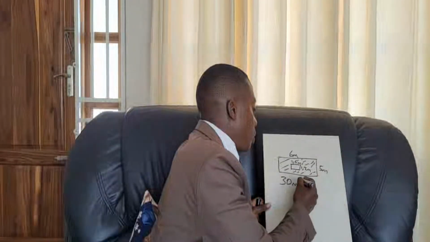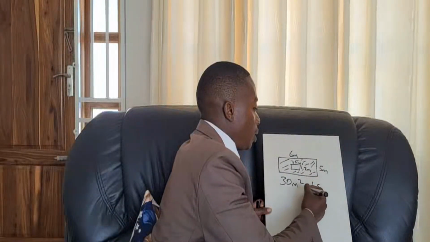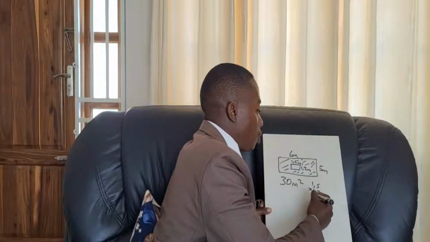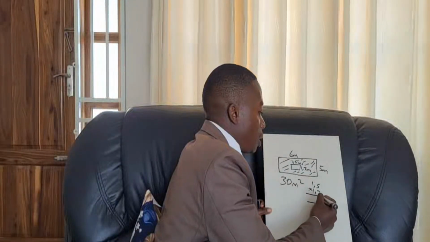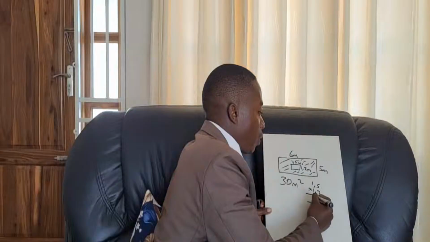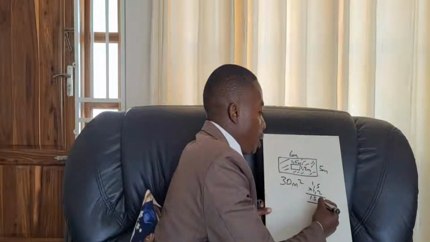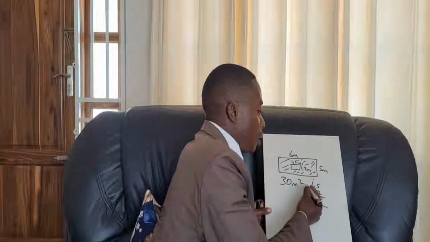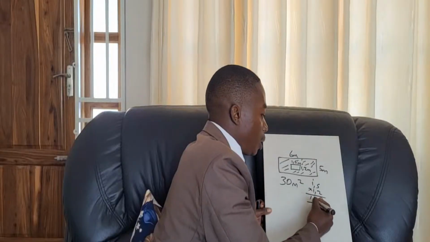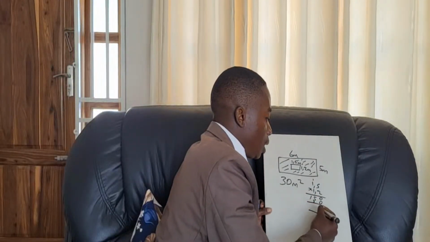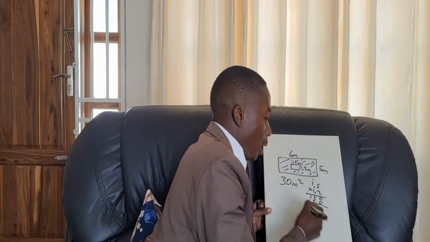How are we going to calculate that? Area of the bigger shape minus area of the smaller shape. 6 times 5, that's 30 square meters. And then 1.5 by 1.2. 0 here, 5, 1. Then here 10, 0 carry 1, 2, 3. So you are going to add 0, 8, 1.